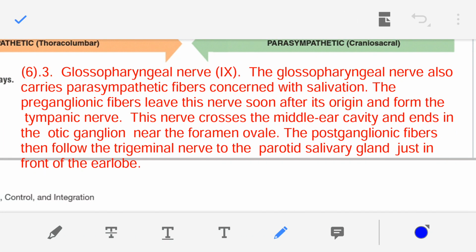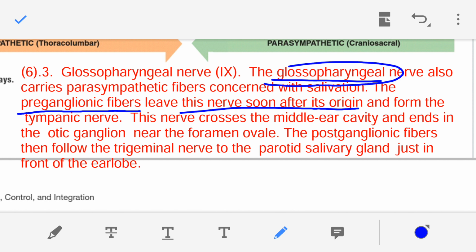Now the glossopharyngeal nerve also carries parasympathetic fibers, and these parasympathetic fibers of the glossopharyngeal nerve are related to salivation. First, the preganglionic fibers leave the glossopharyngeal nerve soon after their origin, and after leaving the nerve, these preganglionic fibers form the tympanic nerve.